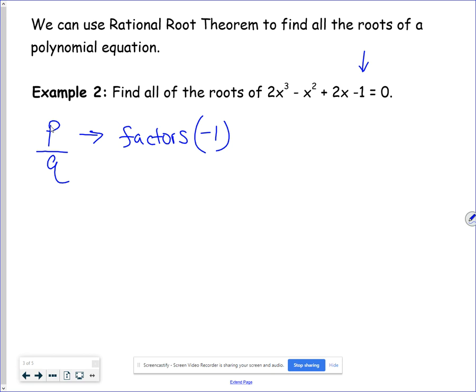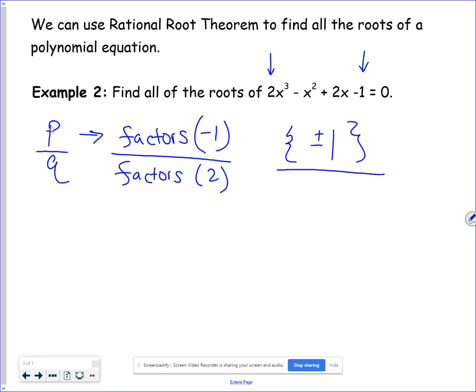And then on the bottom, we're going to look at factors of my leading coefficient. What's my leading coefficient on this equation? 2. All right, so let's write out all the factors of 1. Well, we have 1 and negative 1. These are all the factors of 1. What are all the factors of 2? Well, we have 1 and negative 1, and 2 and negative 2.